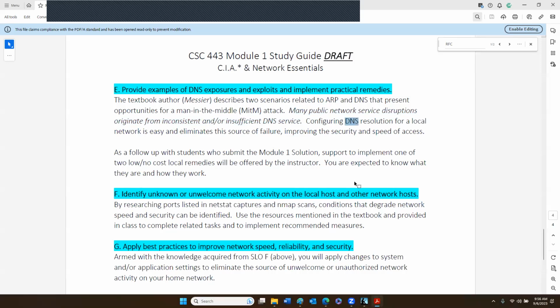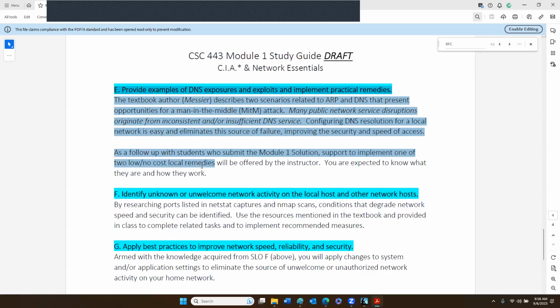So in our next module, we're going to build a virtual machine that runs DNS, and you're going to operate that in your home network environment, and you're going to see how cool and useful it is without invading people's privacy. This is one of the ways that hackers really get a leg up on network traffic.